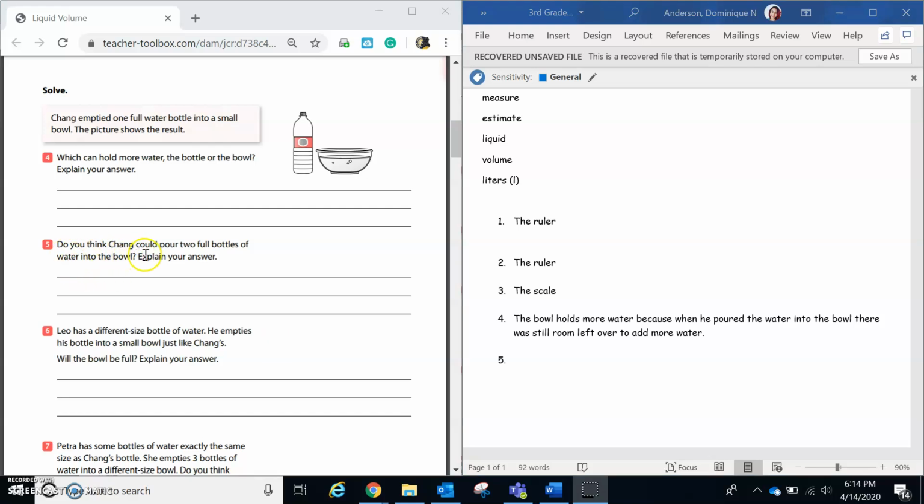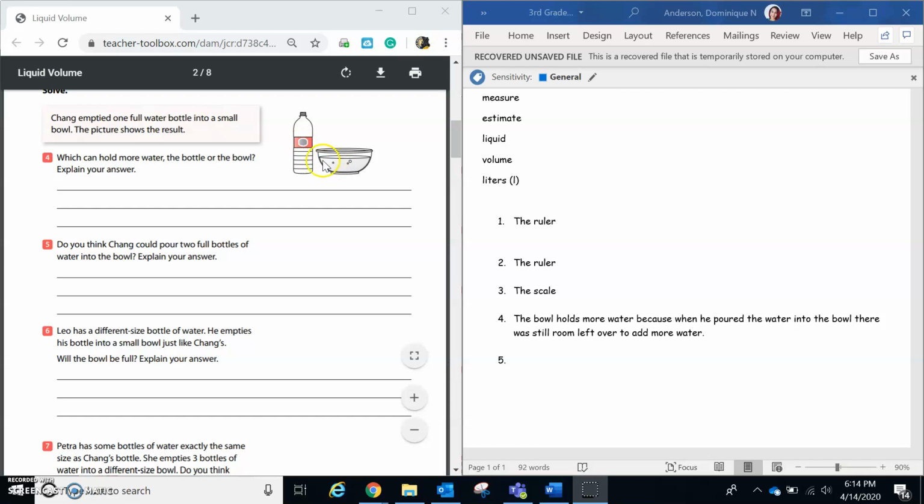Number 5, do you think Chang could pour 2 full bottles of water into the bowl? Explain your answer. Well, if we look, he poured this whole bottle in, and no, it did not fill it all the way up, but it filled up more than halfway. So if he was to pour a whole another full bottle, it would probably overflow.